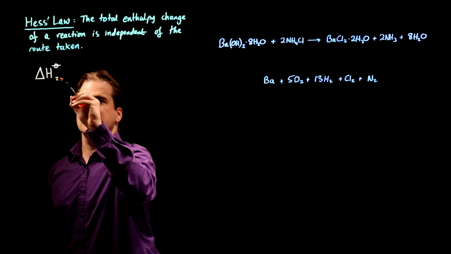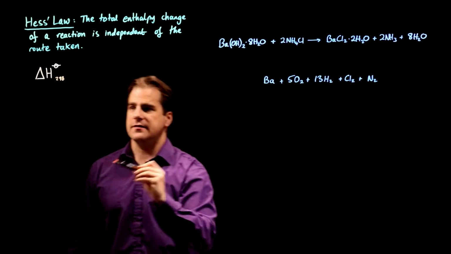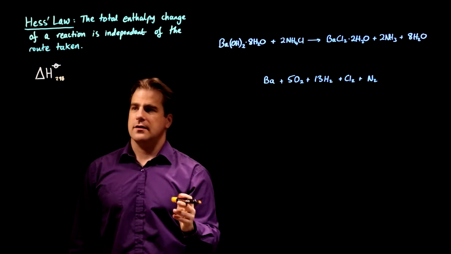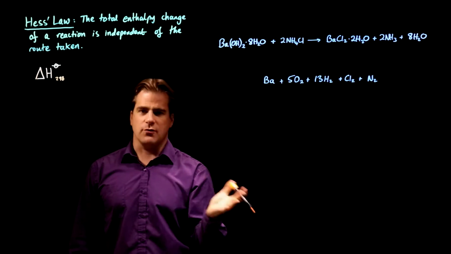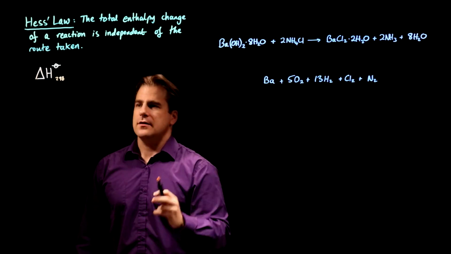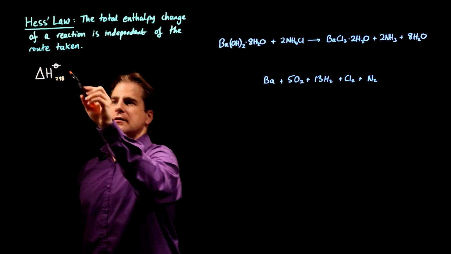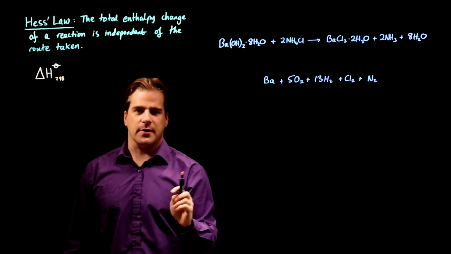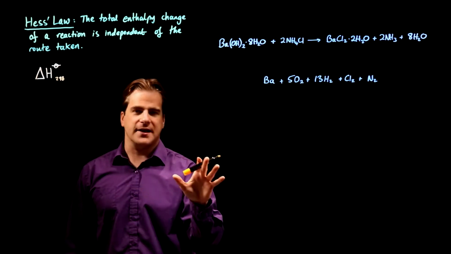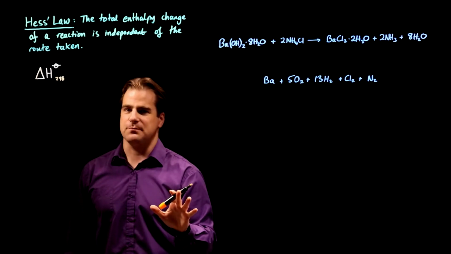Sometimes you see the temperature written down there. It's usually 298, which is sort of room temperature. Don't worry about it. It doesn't really have to affect your thinking much at all.